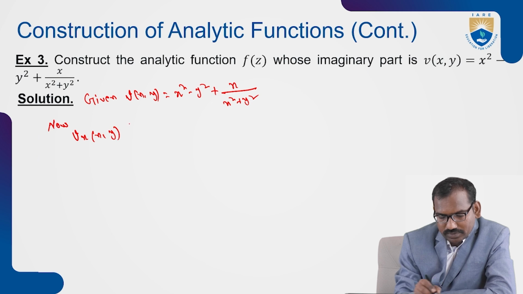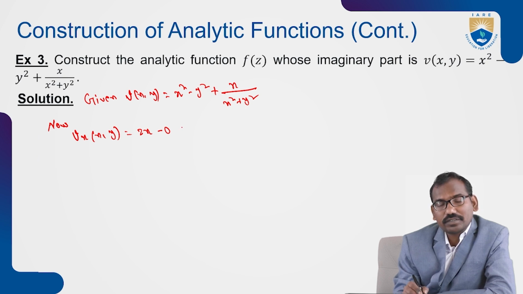which is a function of x, y, and it is 2x minus 0 partial derivative. Okay, so here you can apply the u by v rule.